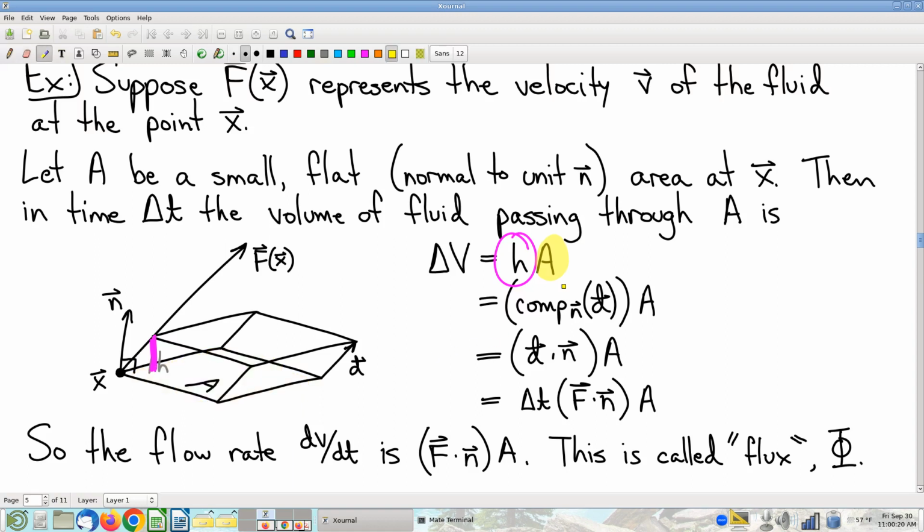What is the height, though? I mean, it's tempting to say how far did the fluid get through, right? But you don't want to conflate that height with this displacement vector representing the actual, this is how much the air actually moved. Because the air might be moving kind of at an angle. It might not be moving straight through the area. Right?